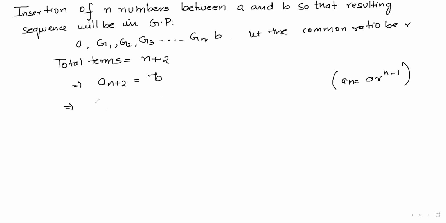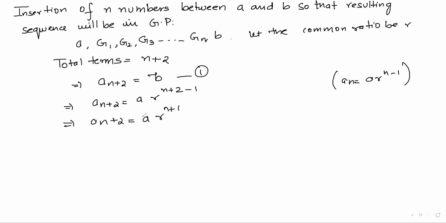Okay, so a n plus 2 will give us a into r to the power, in place of n we will write n plus 2 minus 1. So a n plus 2 is equal to a r to the power n plus 1.